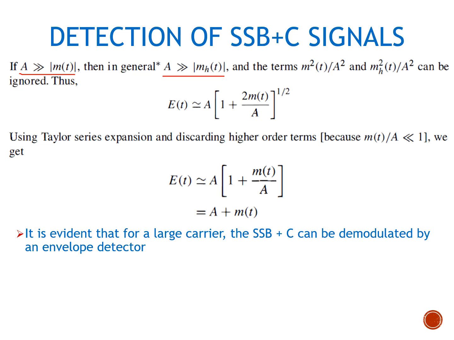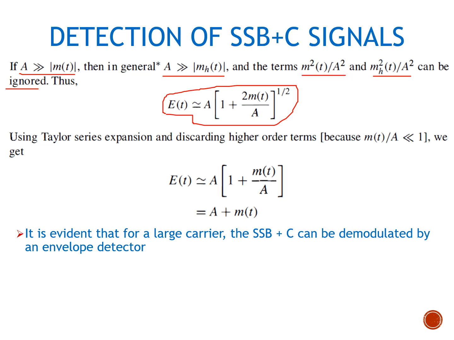So these two terms generally are valid. The terms that have squares in them, with A squared in the denominator, are very small, and hence we can ignore them. So the previous expression for E(t) is now reduced to this expression, right?